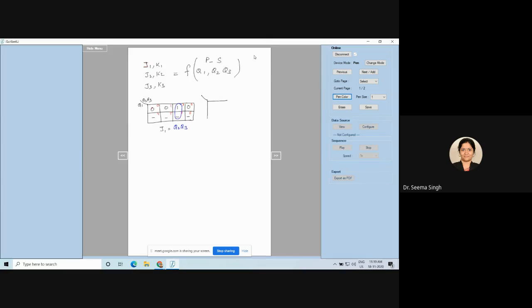Now I want different students to do different ones: J2, K1, K2, K3. So I will ask randomly any one of you. USN 1 to 10 can do K1. USN 11 to 20 can do J2. USN 21 to 30, K2. 31 to 40, K3, sorry, J3, and 41 to 50, K3. So all of you do it.